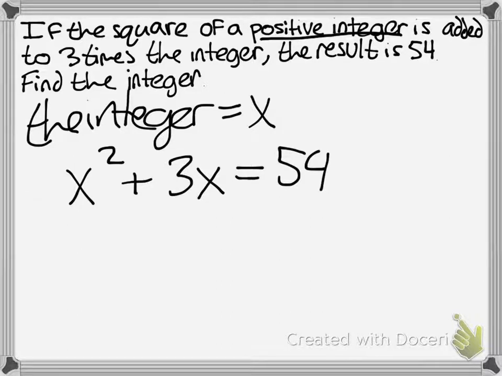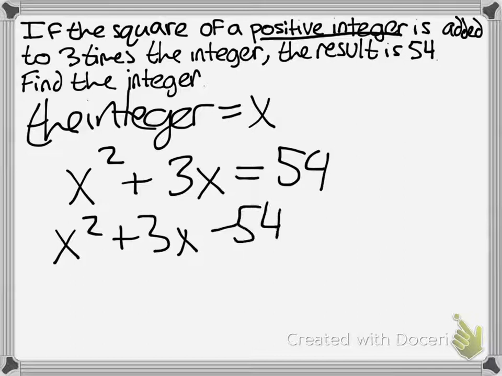That looks just like something that we handled in the last section. In order to get it in the right form, I say x squared plus 3x minus 54 equals 0. Then I just have to factor that. All I need to remember is that 54 is 9 times 6. This is positive, so the bigger one, the 9, is going to be positive.